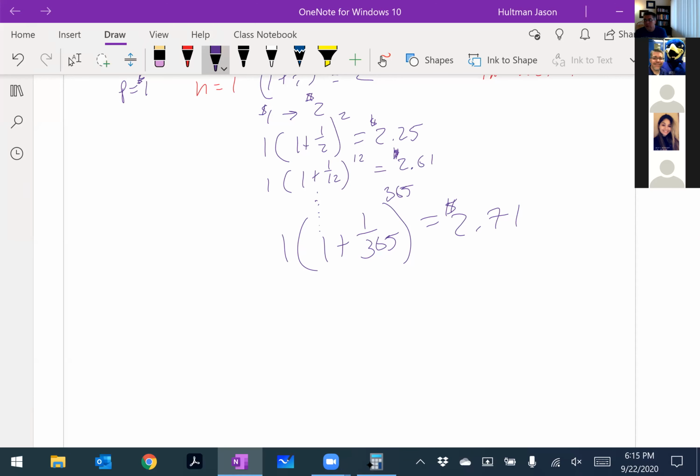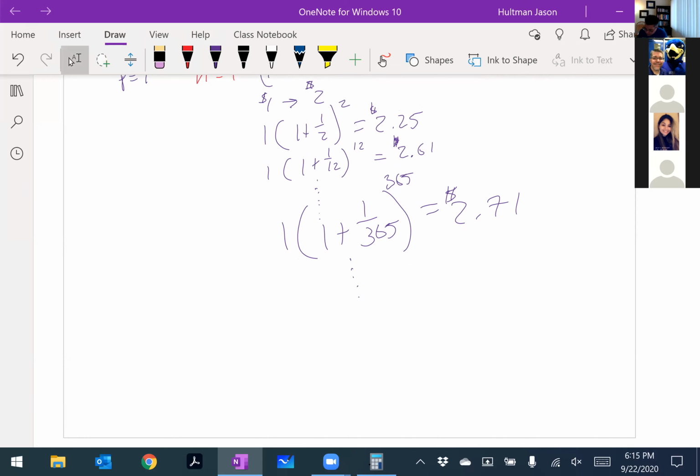Now what we really want to do is take this and compound it infinitely, like every millisecond. Because if we can compound this infinitely, then we get the maximum amount of money within that year's period. I will have maximized the interest output for that $1.